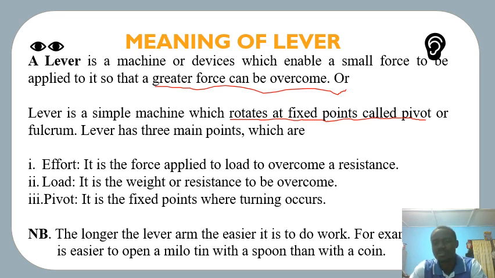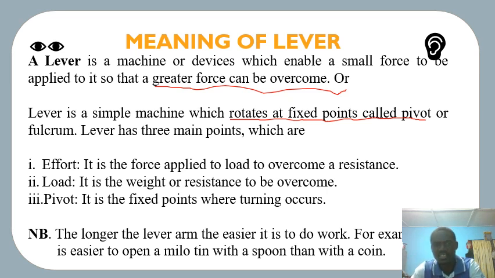So any simple machine that rotates at a fixed point called pivot is known as a lever. And it has 3 main parts. The 3 main parts of a lever are the load, the effort, and the pivot.